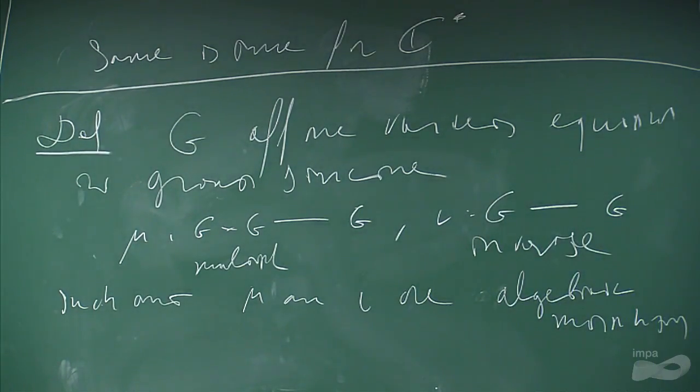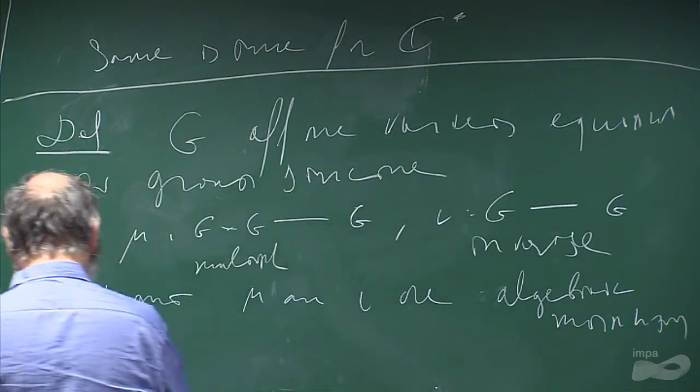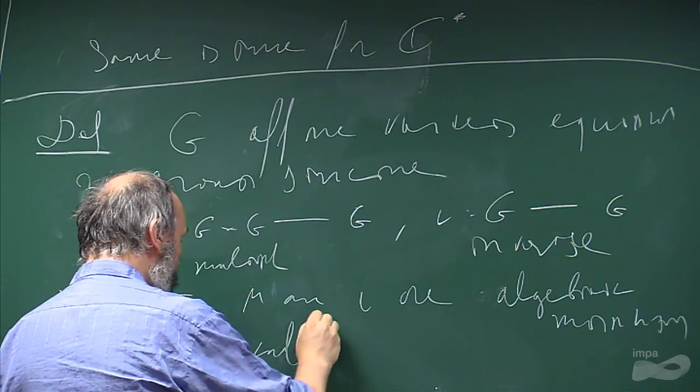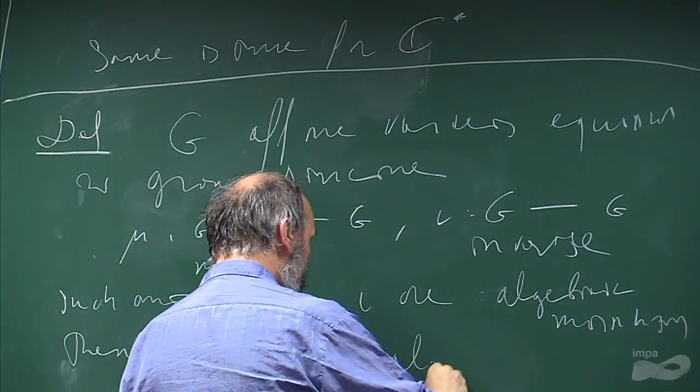This means that they are represented by polynomial maps in the coordinates provided by Cn. Then G is called an algebraic group.